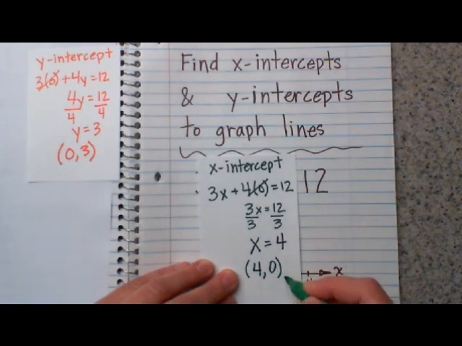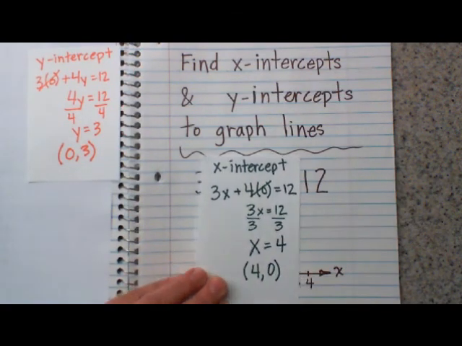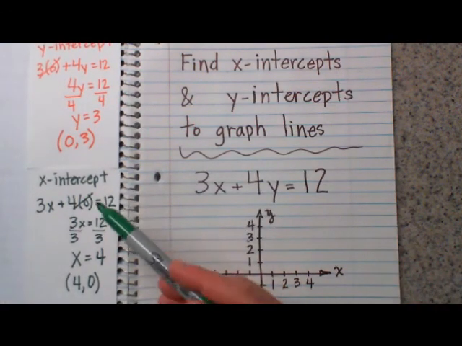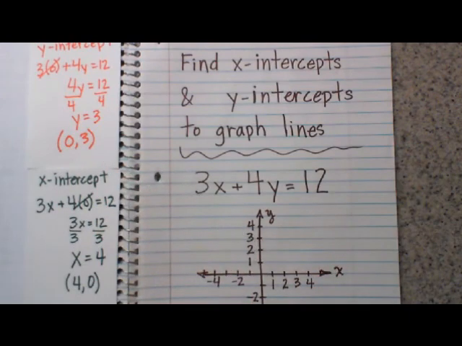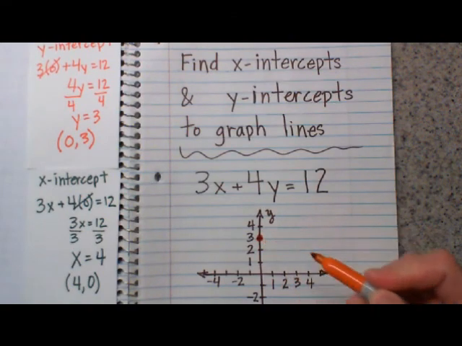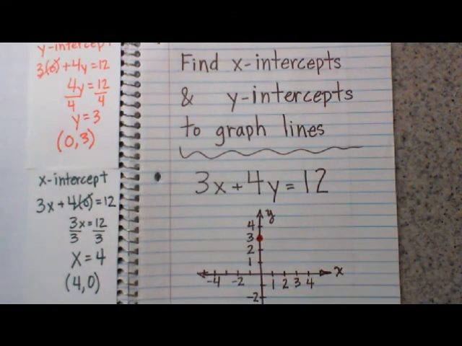We know the y-intercept is at 0, 3. So let's put the point there. 0, 3. The x-intercept is at 4, 0.